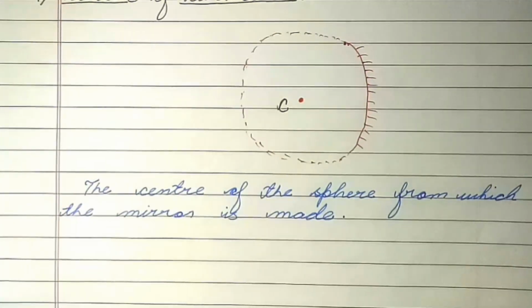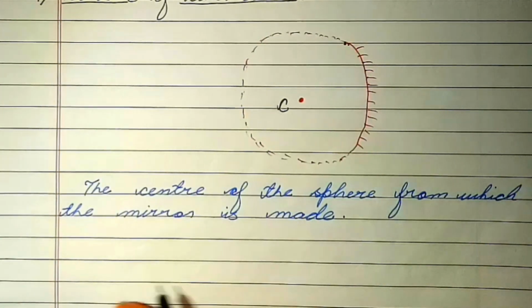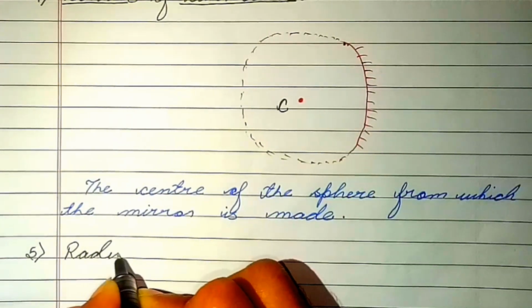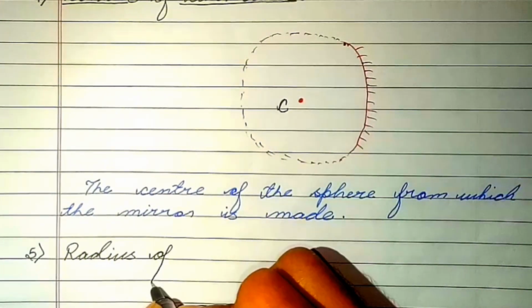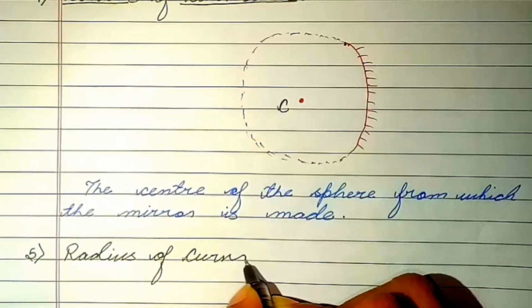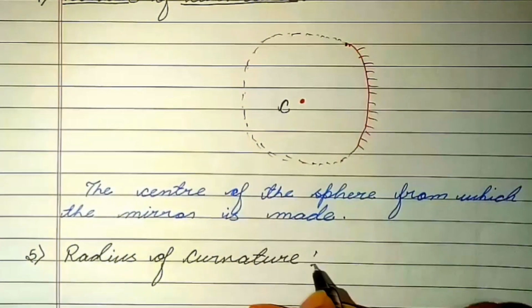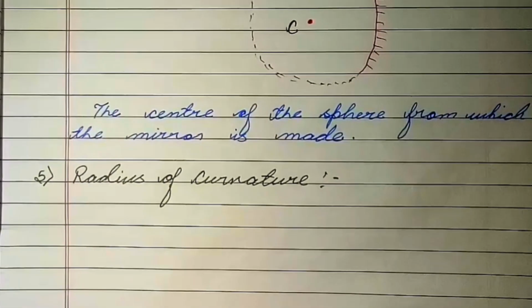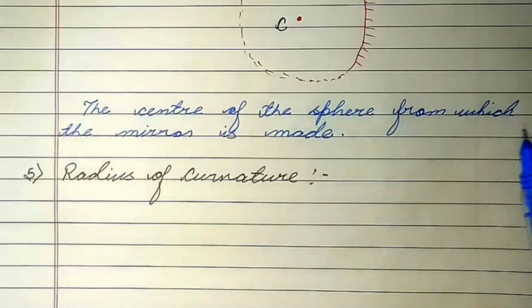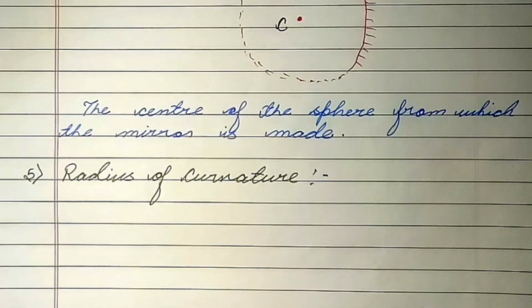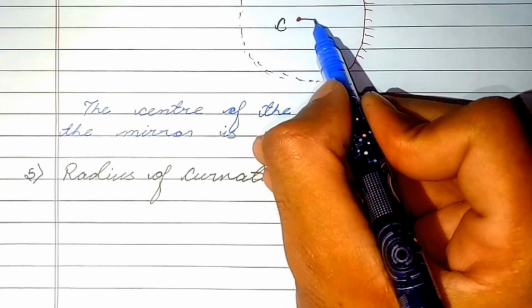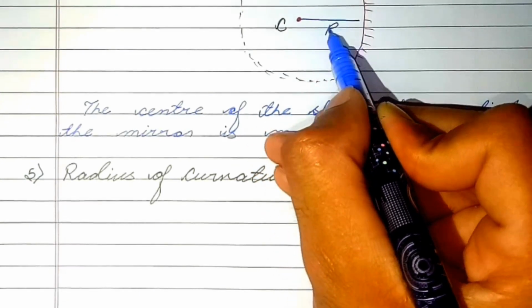Okay, now our next topic is radius of curvature. Okay students, the radius of curvature is defined as the radius of the sphere from which the mirror is made, meaning the radius of this sphere, and it is denoted by capital R.